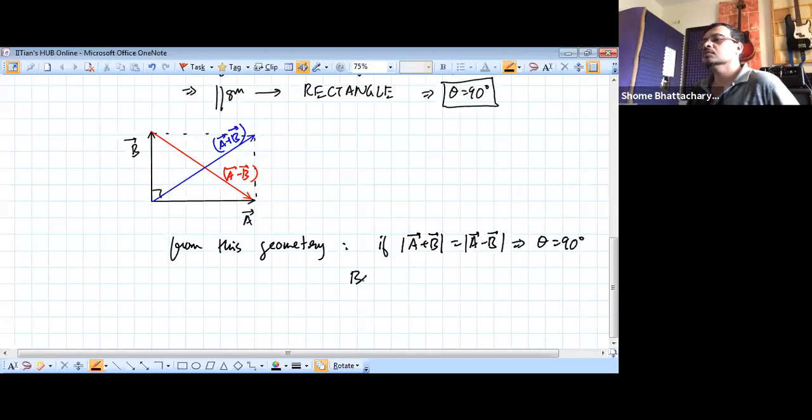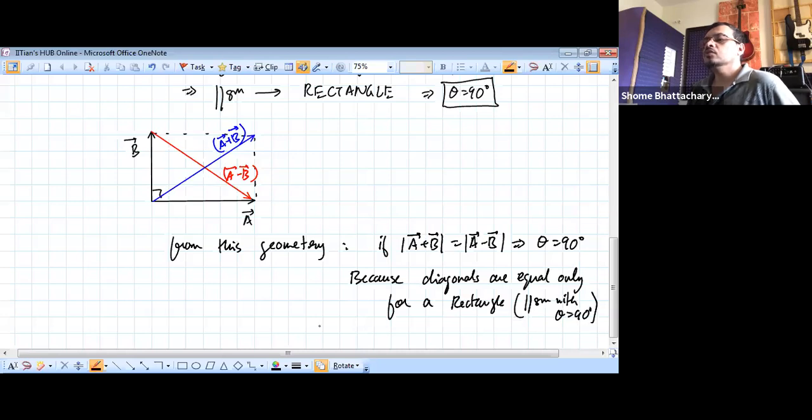Why? Because diagonals are equal only for a rectangle, that is a parallelogram with theta equal to 90 degrees, or vice versa.